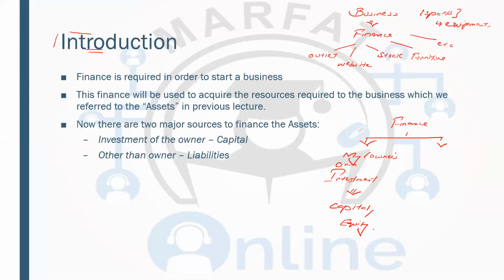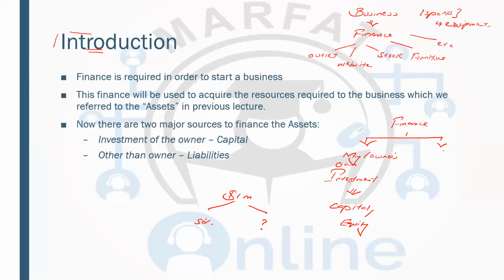What if I'm not having my own investment in full? For example, I need to start my business for $1 million. I have half of it, 50%, but where will the other 50% come from? I need 1 million to start the business. I have 50% of my own, that is known as the capital or the equity. But from where will that other 50% be coming from?